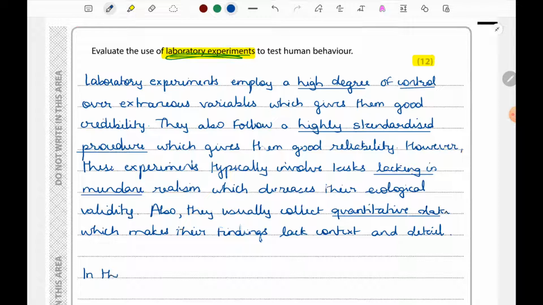In the given scenario, Asch has maintained a number of controls.